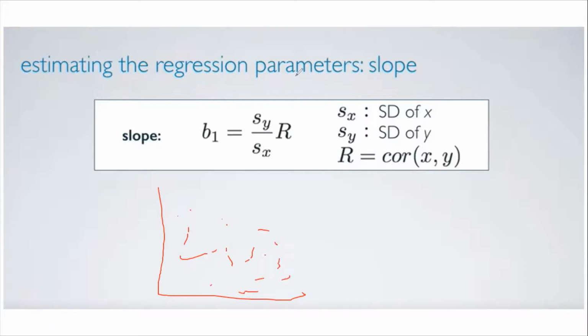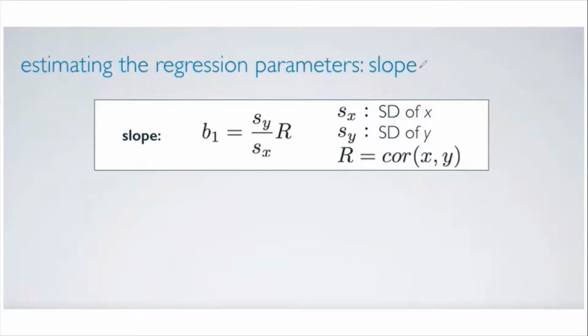If we do not have this formula, we have to draw multiple lines and see which line will give you the lowest sum of squares. You have to draw thousands of lines to fit the data and see which line gives you the least residual sum.